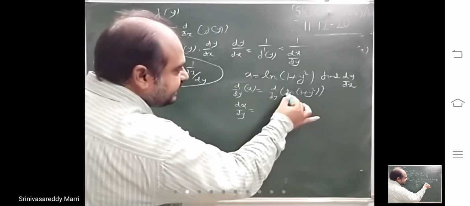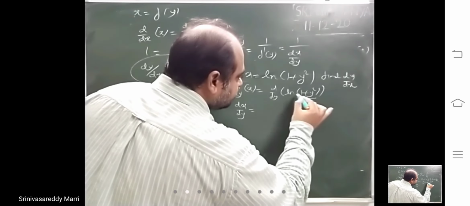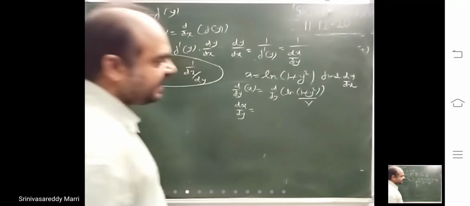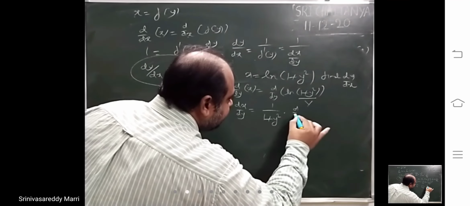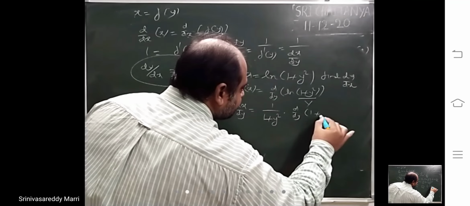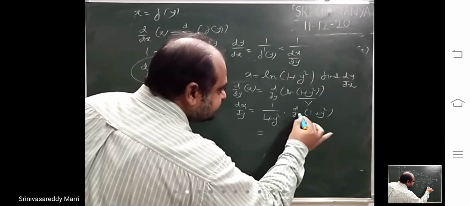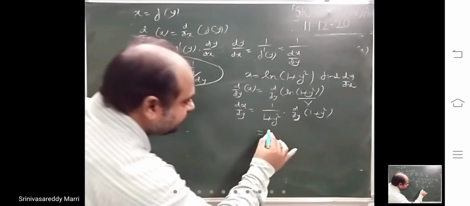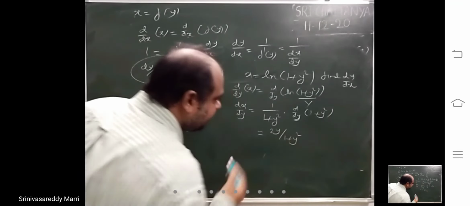So d by dy of the logarithm: log y is 1 by y, into d by dy of 1 plus y square. d by dy of 1 is 0, d by dy of y square is 2y, so dx by dy is 2y divided by 1 plus y square.